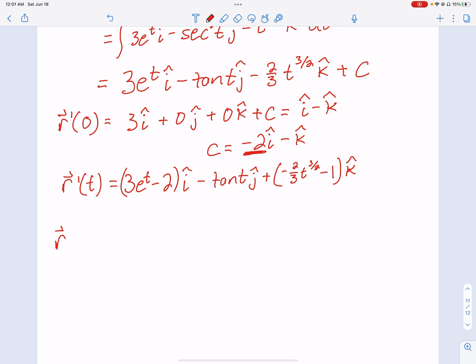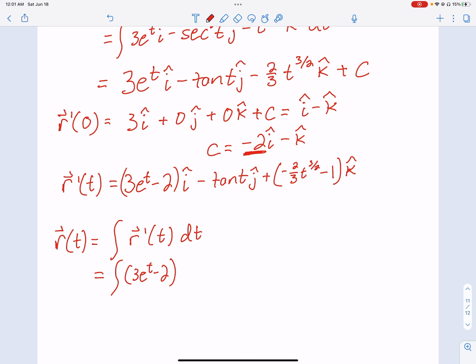If I want to get down to my original function, I take the integral of its derivative. So all this goes in here. I think, what was that? A 3, yeah, 3 over 2.